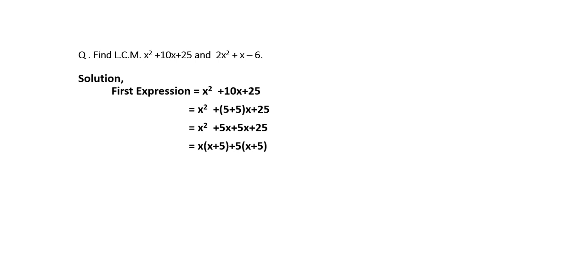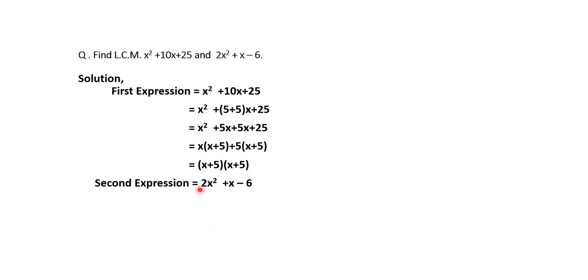Then again we have to see what is common: x plus 5 is common, and from here remains x and here remains 5. That's why its factorization will be x plus 5 multiplied by x plus 5.